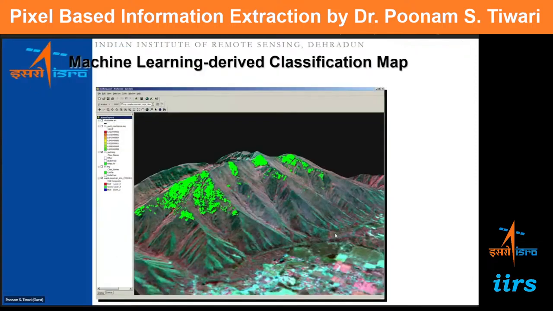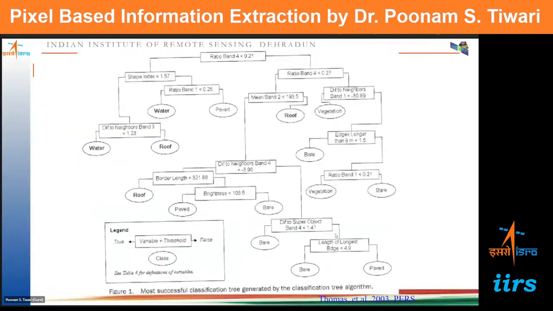You can see this is another one. They have taken the ratio of band 4, shape index, so many things. You can add up all these parameters.